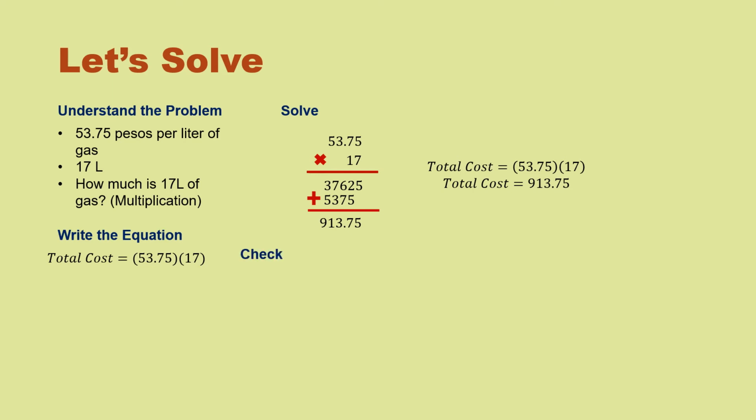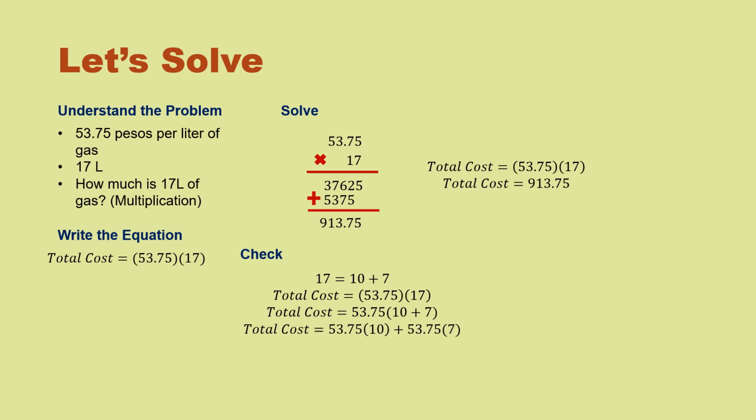913.75. Now, let's check. Checking on this one, we need to get an easier way, like this one. 17 is equal to 10 plus 7, right? So therefore, total cost is 53.75 times 17. We can use 53.75 times 10 plus 7.